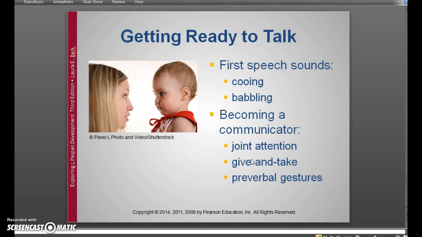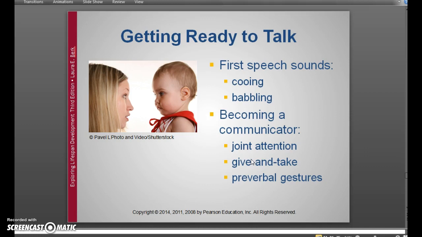I still embarrass him with it, but those were his first speech sounds, when he realized that he could make a purposeful noise. And then that whole day, because he got a reaction from me, it was ga, ga, ga, ga.